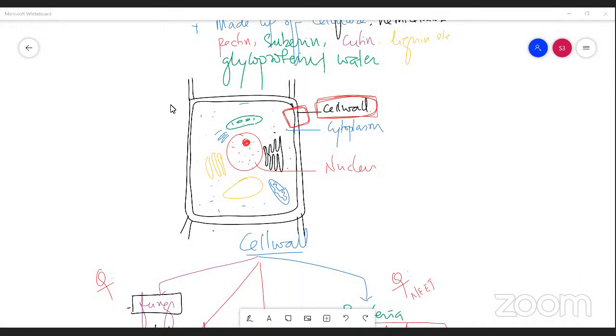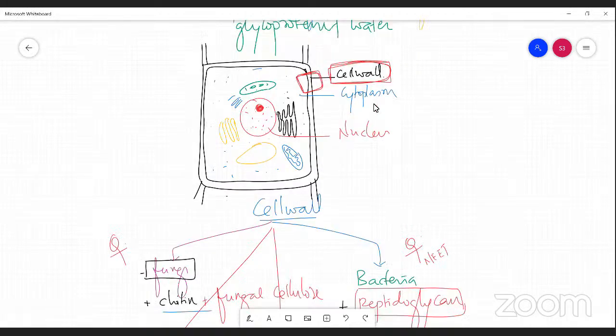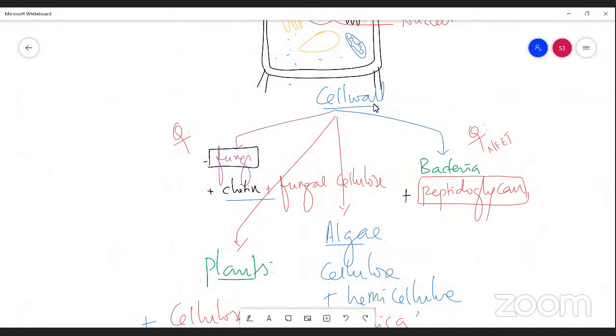Middle lamella. Okay, very good. Which is the protective layer of the cell? Cell wall. Very good. Could you mention the types of cell wall? Primary cell wall, secondary cell wall, and middle lamella.